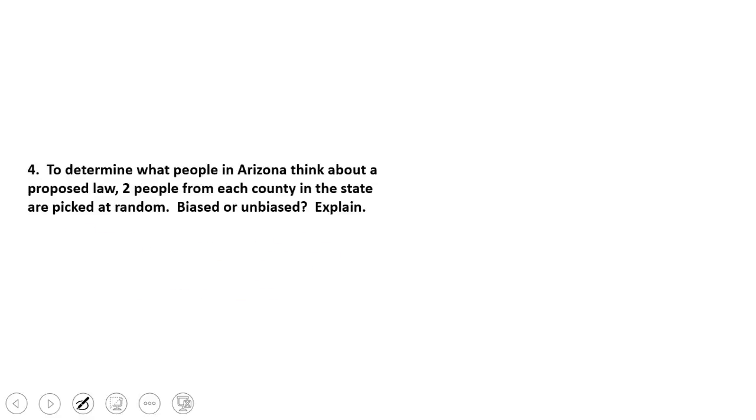Number 4: to determine what people in Arizona think about a proposed law, 2 people from each county in the state are picked at random. Is this biased or unbiased? And explain. And in fact, this is an unbiased sample. And why would that be?